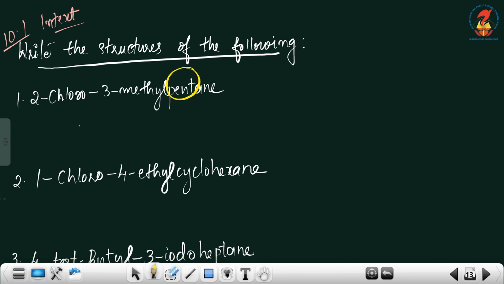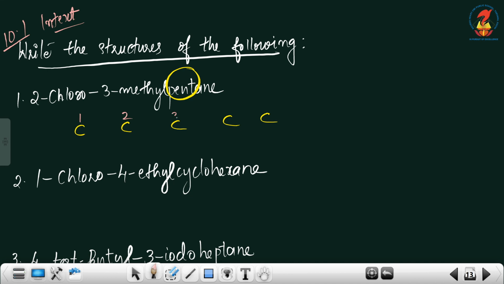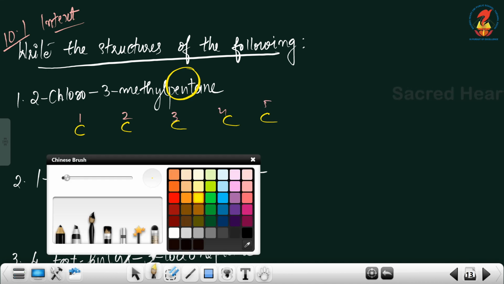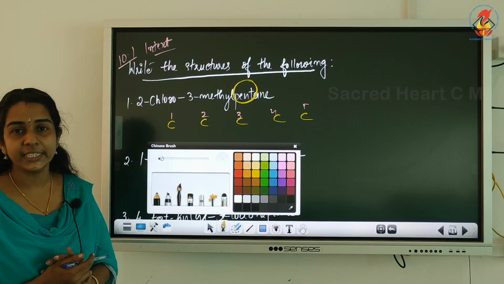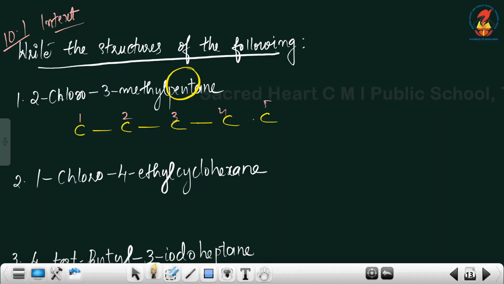So what do we have to do? Draw 5 carbon atoms first and give continuous numbers 1, 2, 3, 4, 5. Now after that, write the suffixes first. Here we have only one suffix, that is ANE, that means all these 5 carbon atoms are singly bonded.